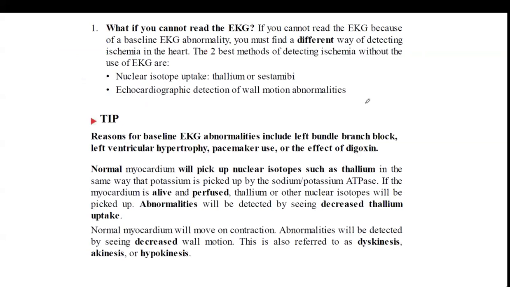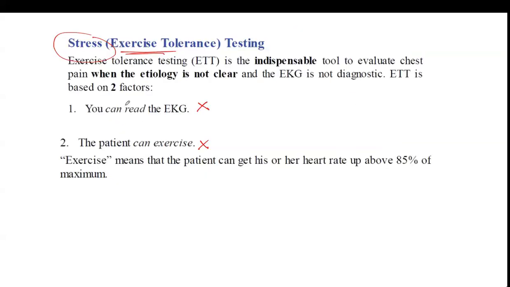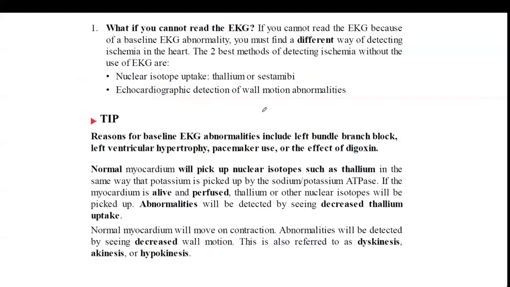Okay, so the first thing is that if patient's ECG is having some baseline abnormality, what are the baseline abnormalities they can have? They can have left bundle branch block. You can see left ventricular hypertrophy. Patient might be on a pacemaker.